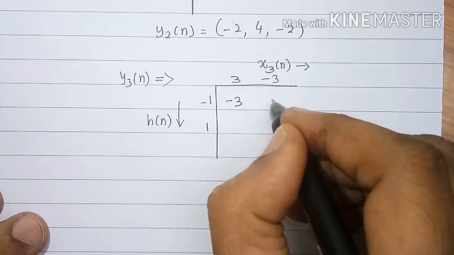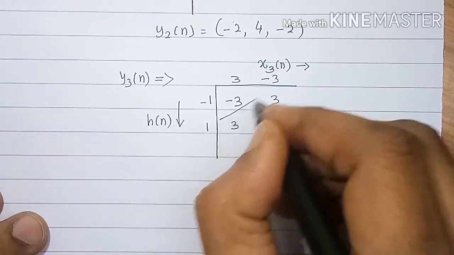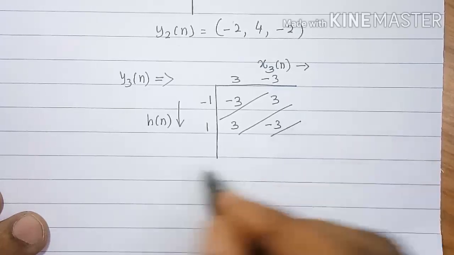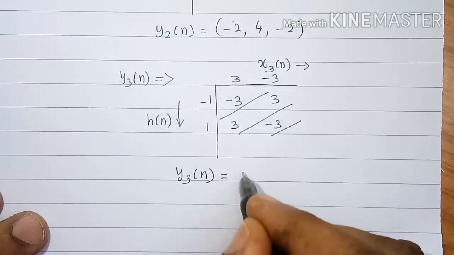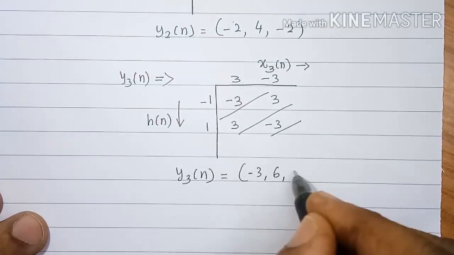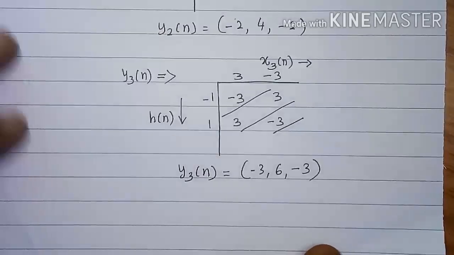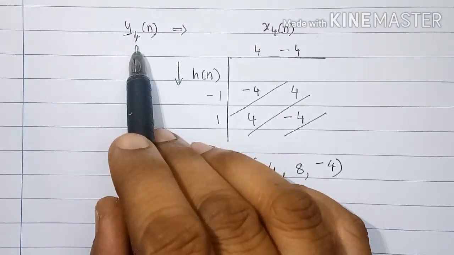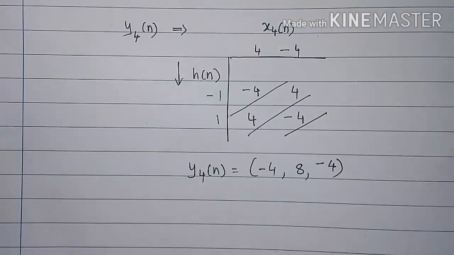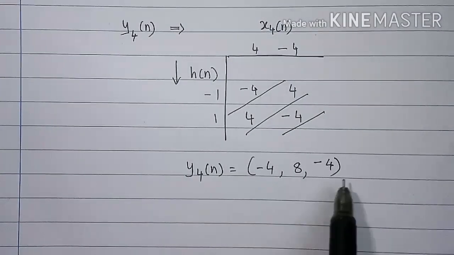Multiplying we get minus 3 plus 3 plus 3 minus 3. Adding these we get y3 of n, that is equal to minus 3, 6, minus 3. Similarly, computing y4 of n, we have minus 4, 8 and minus 4.